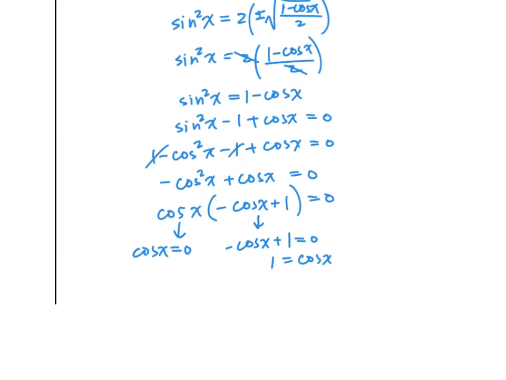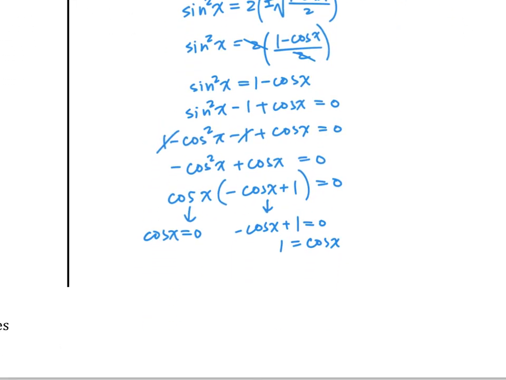Now think about the angles that will make this work. What angles make cosine 0? That is pi over 2, 3 pi over 2, plus 2 pi n. What angles make cosine 1? That is 0 only, so plus 2 pi n. N is an integer.